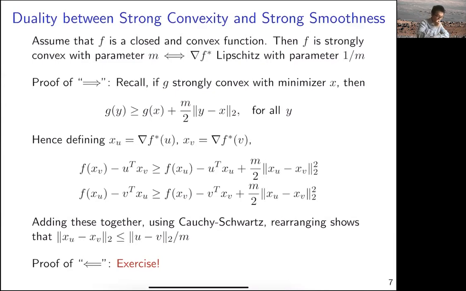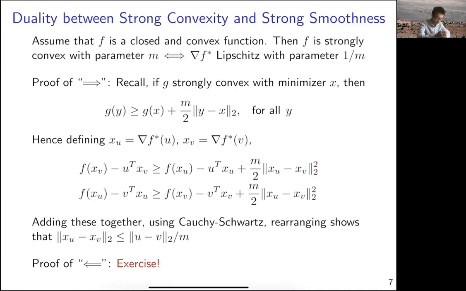So let's spend one minute to prove one direction of this theorem, and then we'll leave the other direction as an exercise, so that you can convince yourself that this is always the case. Recall the definition of the strongly convex function G being stronger than the convex function.